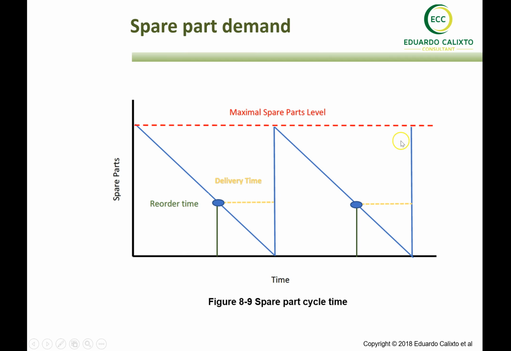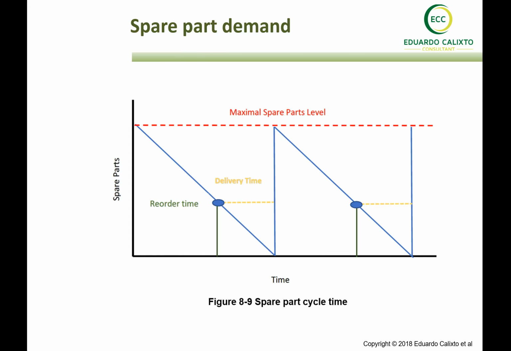It's very important to define the limits, the maximum and the minimum spare parts for each component. The maximum depends on the acquisition cost and also the spare management cost that we are able to afford.